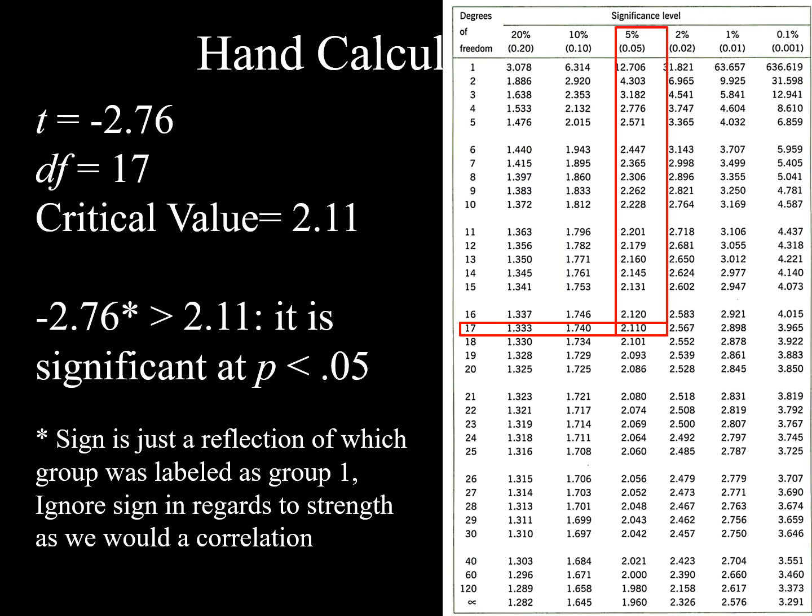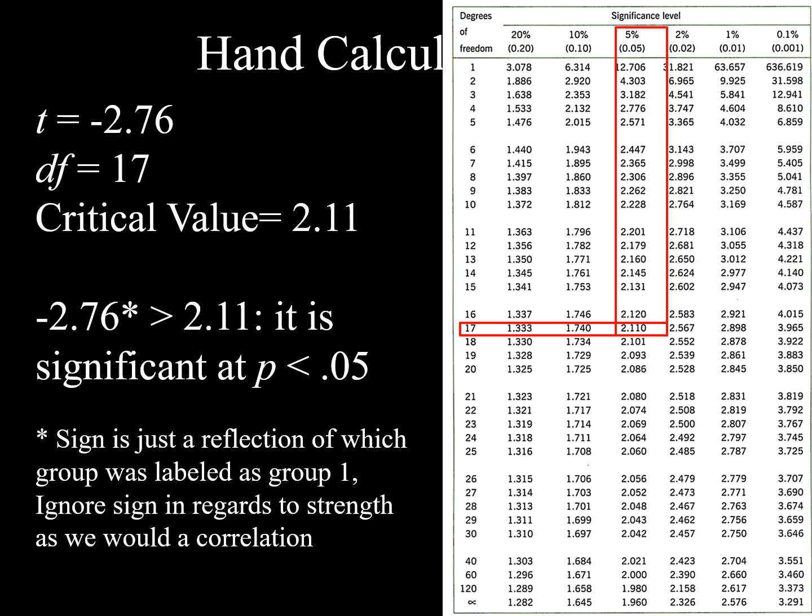So we find on our degrees of freedom chart that at 17, with a significance of 0.05, the number we need to see exceeding is the critical value of 2.110. So the degrees of freedom of 17 tells us our critical value. What we need to see a t above is 2.10.